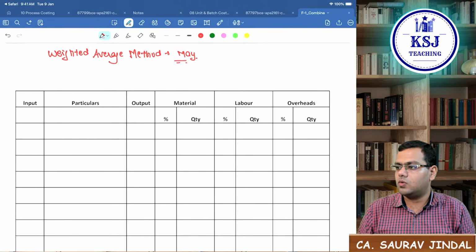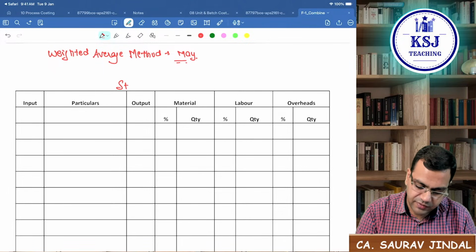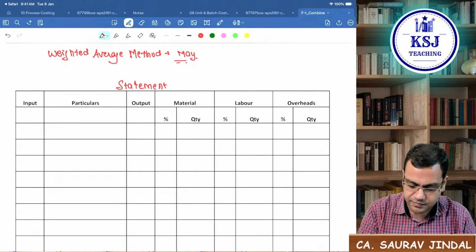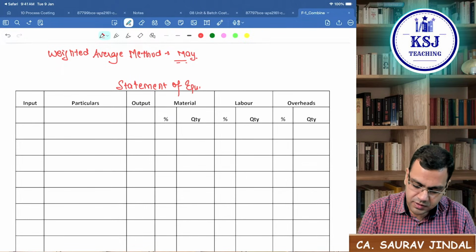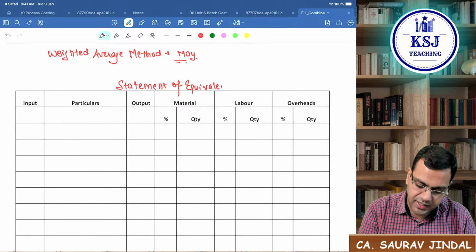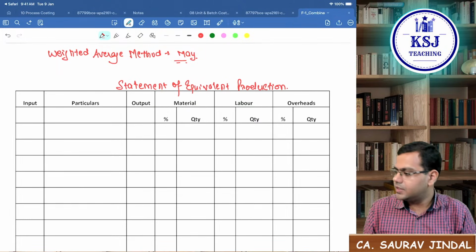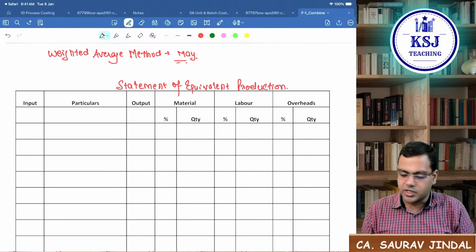Right? So now we'll do it by the weighted average method. Again, we will prepare statement of equivalent production.